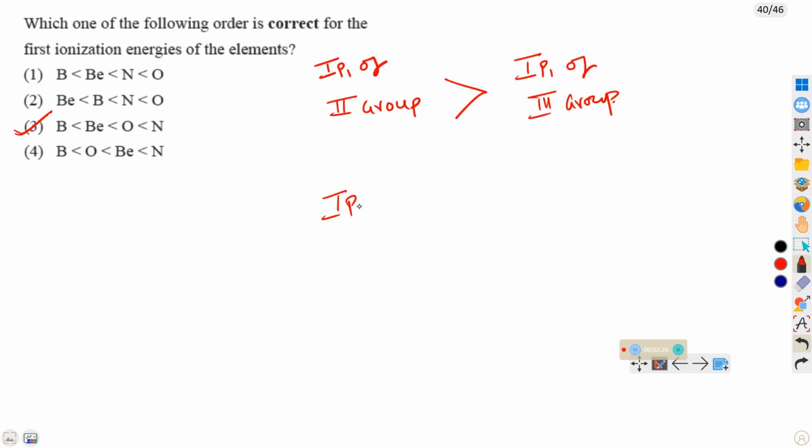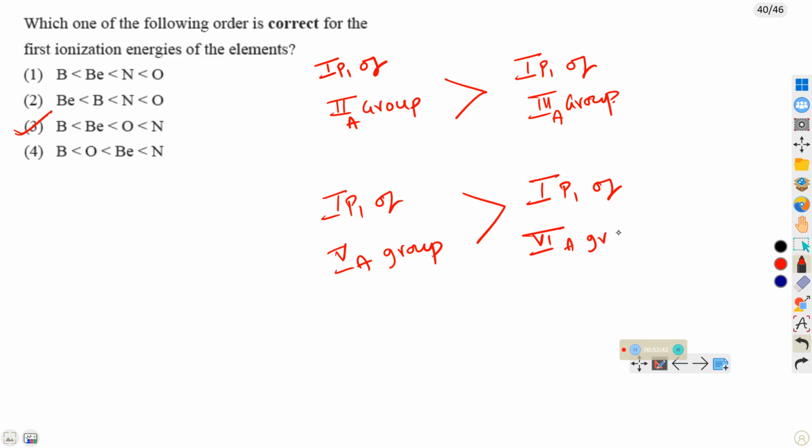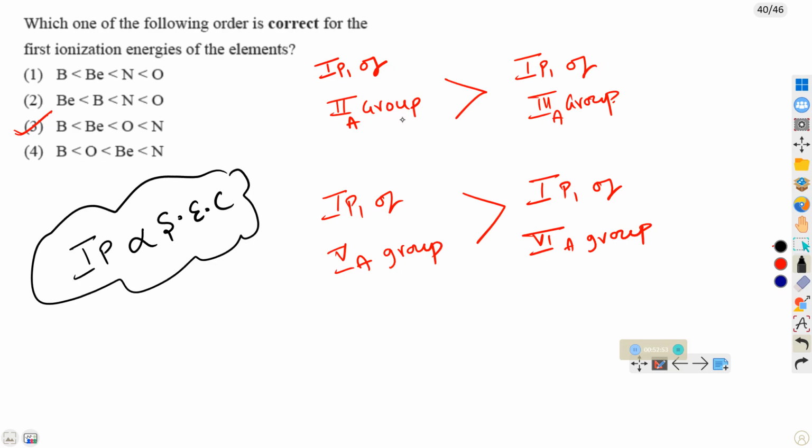IP1 of fifth group, 5A group, is greater than IP1 of 6A group. What is the reason? Ionization energy, ionization potential, is directly proportional to stable electronic configuration. 2A group is ns2, 5A group electronic configuration is ns2 np3, 3A group ns2 np1, 6A group ns2 np4.